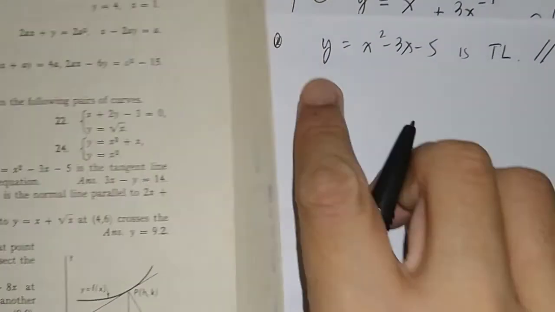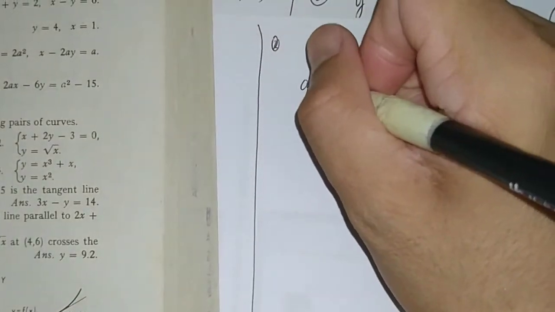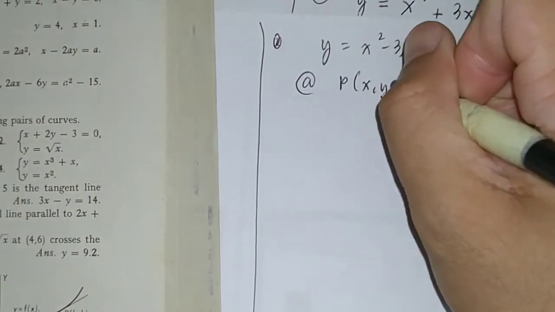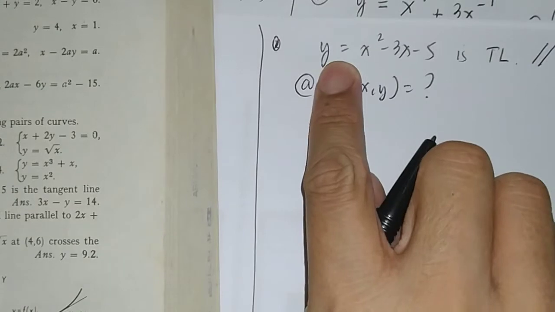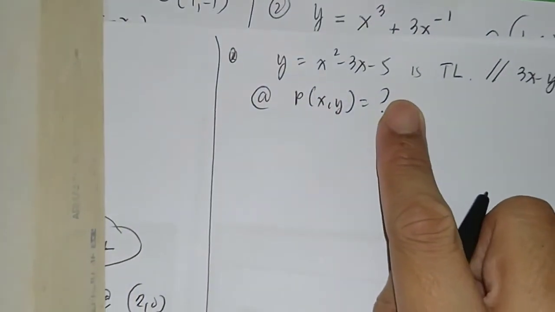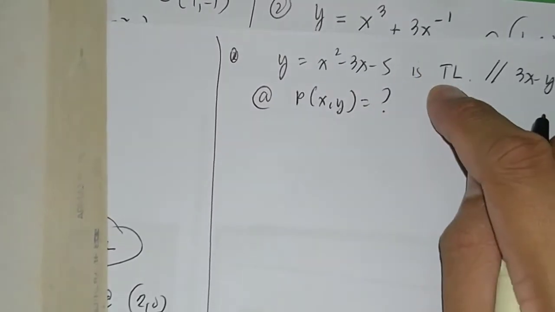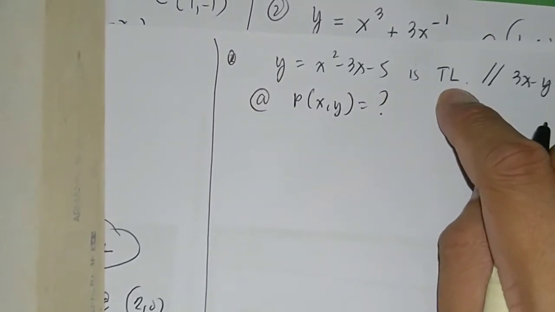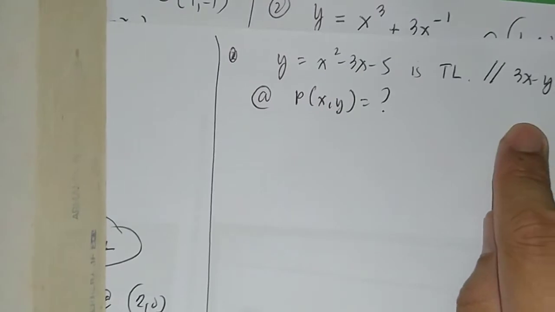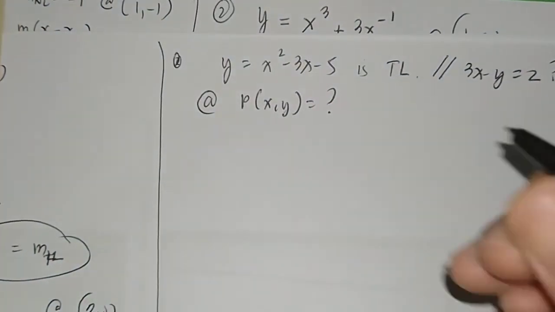So we are looking for the point (x, y) at which the tangent line of this parabola is parallel to 3x minus y is equal to 2.